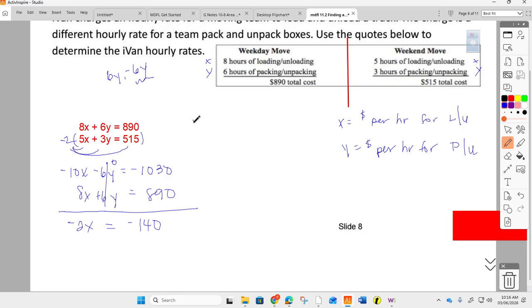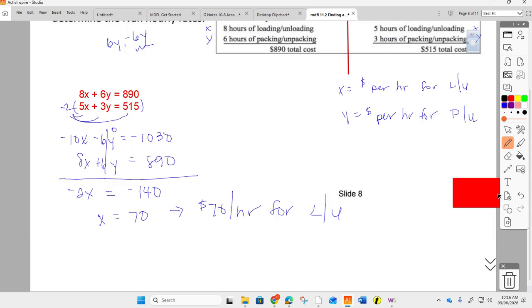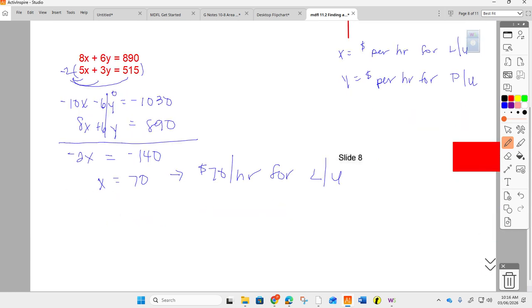Yeah. Divide both sides by negative 2, and now we know that x equals 70. So x represents the price per hour for loading and unloading, so that's what we're going to write. $70 per hour for loading and unloading. You also have the price for packing and unpacking.